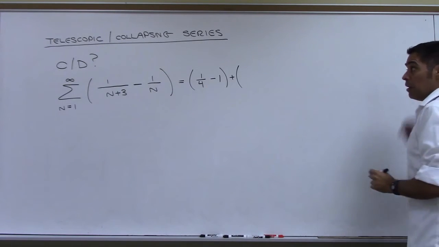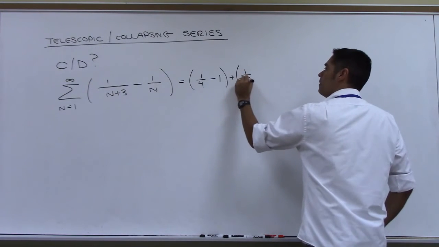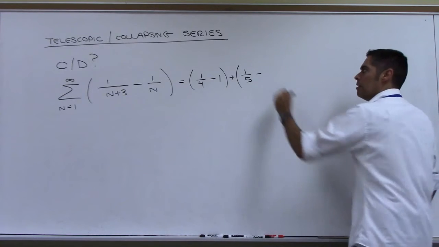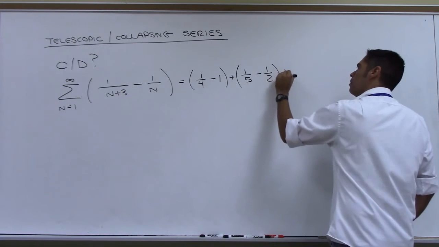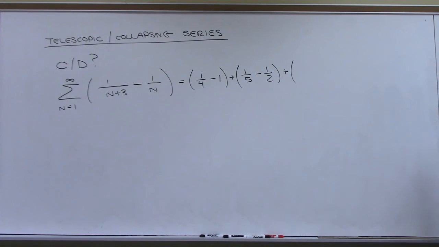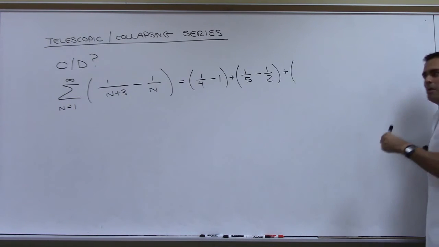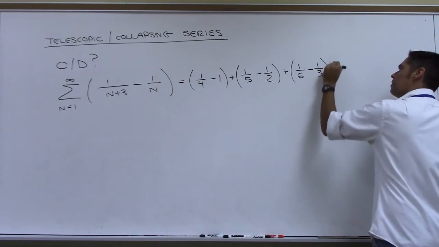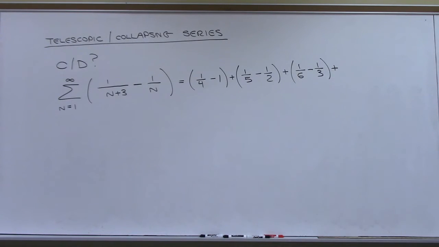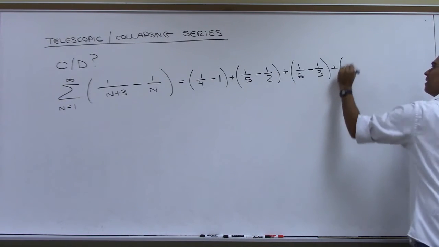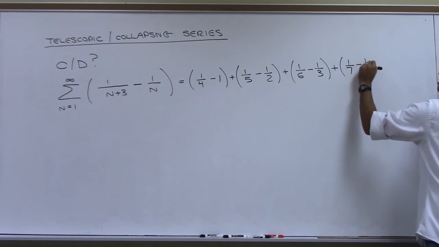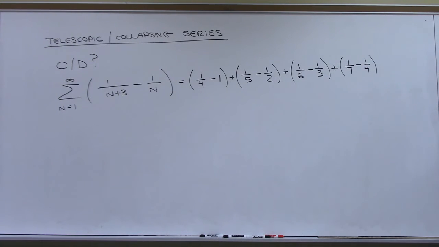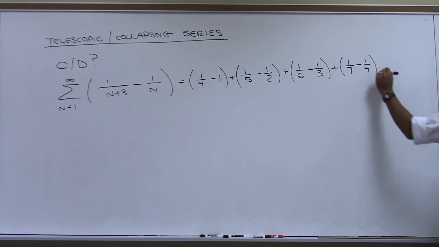Plug in 2, we get what? 1/5 minus 1/2 plus what? Keep going. 1/6 minus 1/3 plus 1/7 minus 1/4, right? Plus, I keep going, right?